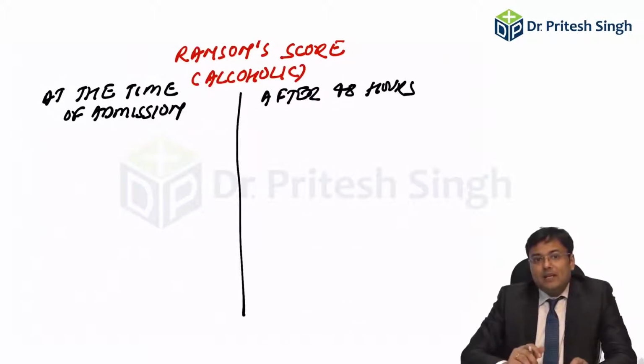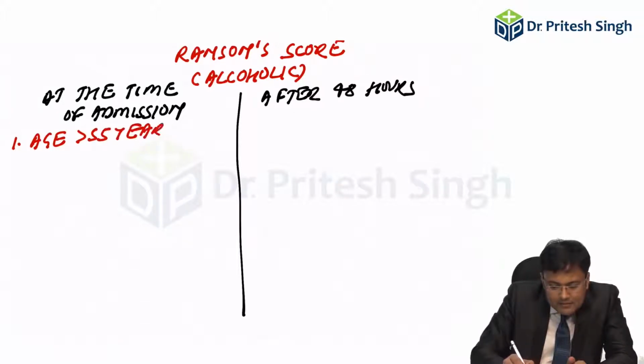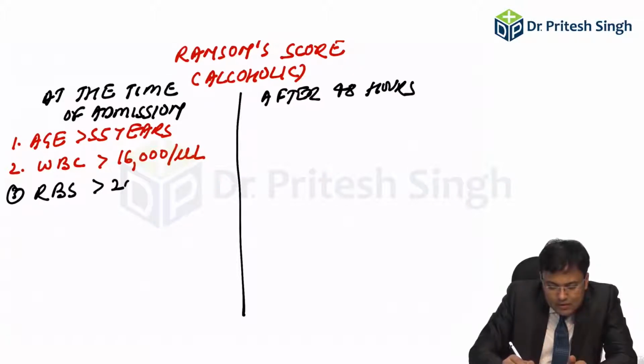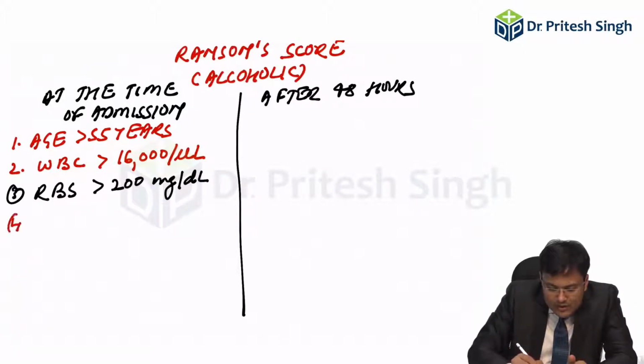What are the parameters which are assessed at the time of admission? First, age, more than 55 years. Second, WBC count, more than 16,000 per microliter. Third, RBS, more than 200 milligram per deciliter.